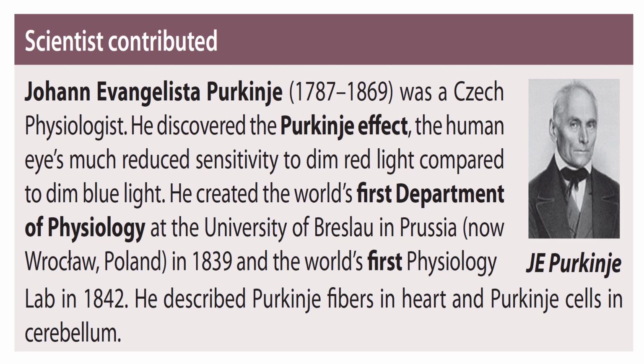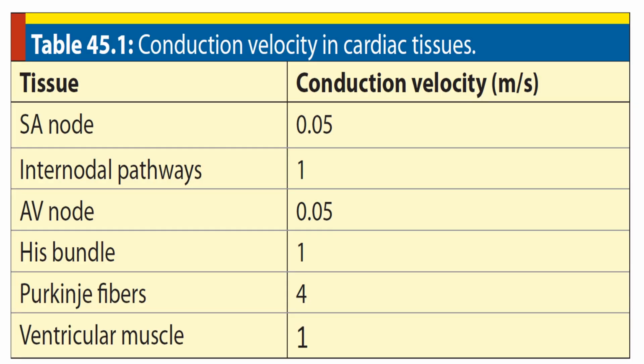Okay, don't get confused by the name Purkinje. Purkinje fibers are present in the heart and Purkinje cells are present in the cerebellum. Now compare the conduction velocity in different cardiac tissue.